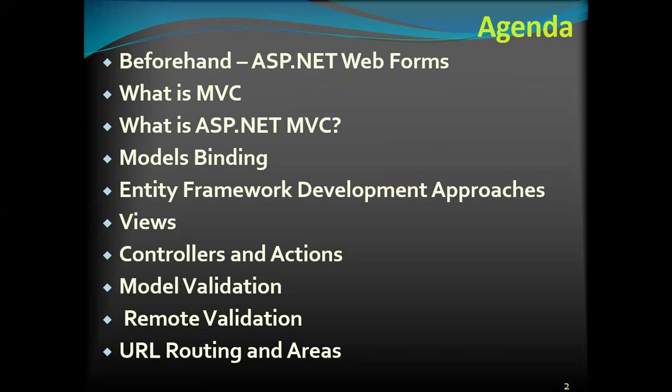It also consists of Entity Framework development approaches and model binding, which means the domain model and the business logic are separated from the user interfaces. As a result, the maintenance and testing of the application becomes simpler and easier.